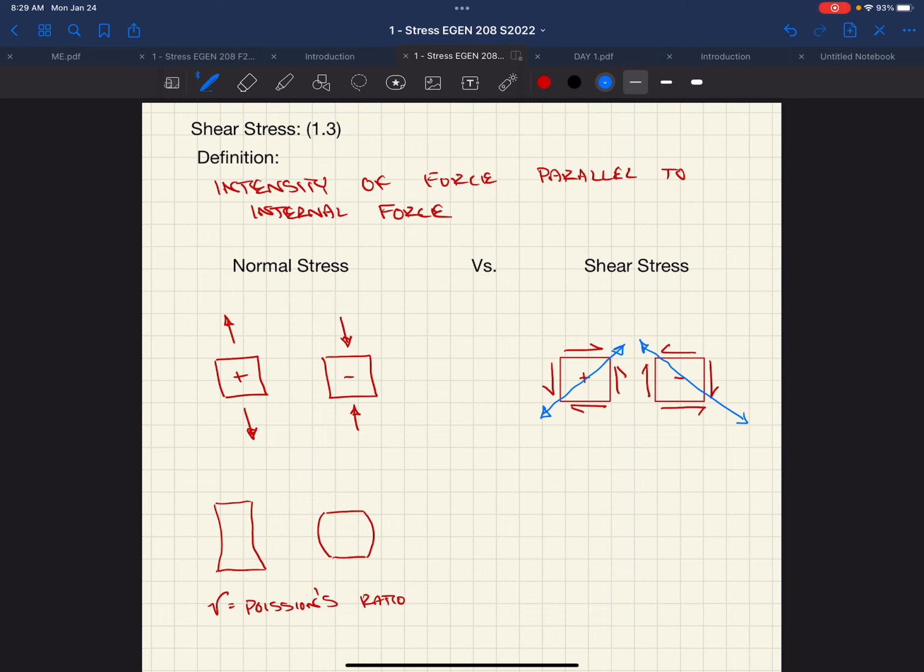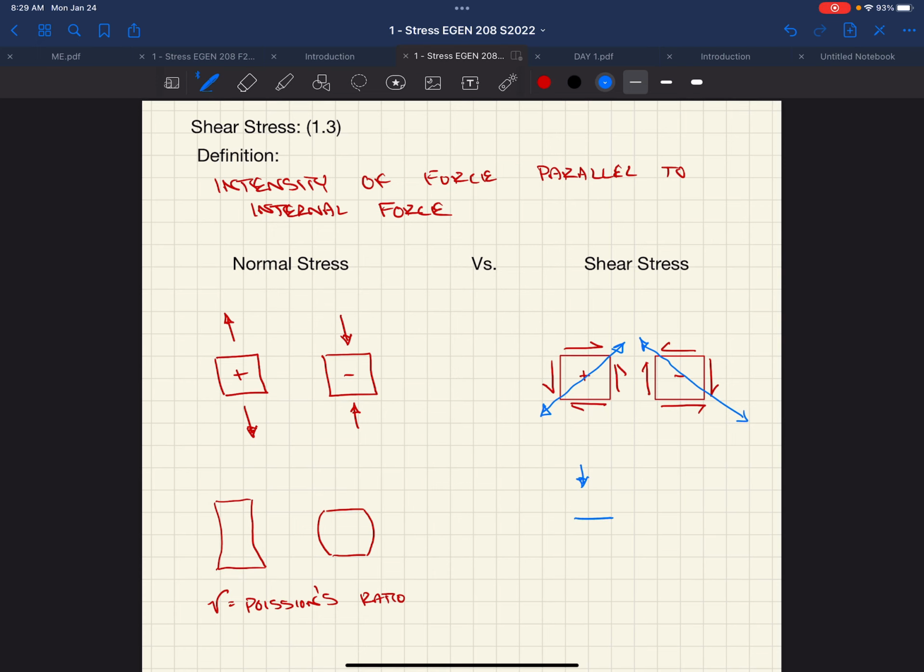Positive shear stress essentially takes our square and makes it into a rhombus, or an equilateral quadrilateral. It does something like this.